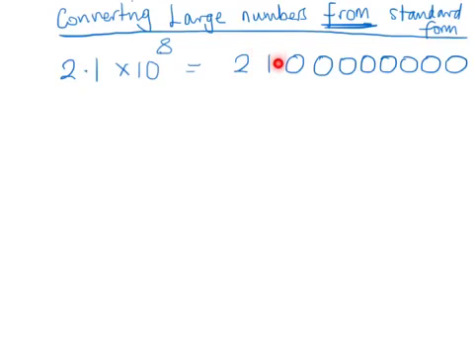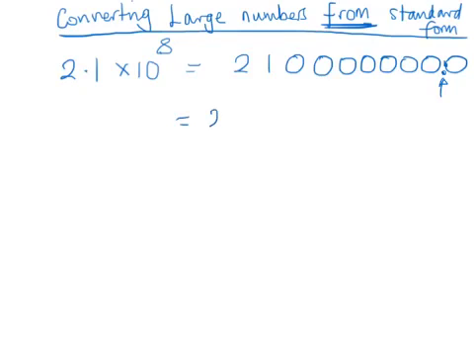Ready? 1, 2, 3, 4, 5, 6, 7, 8. Let's just check that. 1, 2, 3, 4, 5, 6, 7, 8. So the decimal point now goes here. Okay, that's where the decimal point is now.